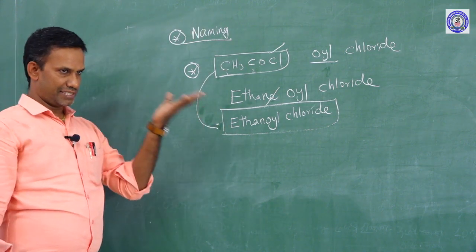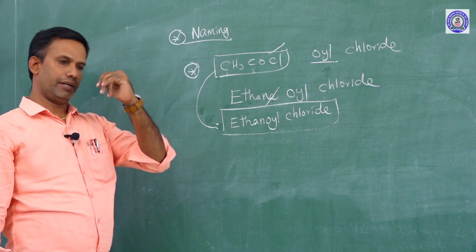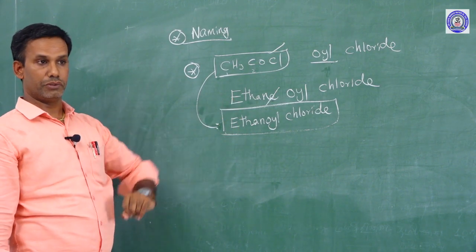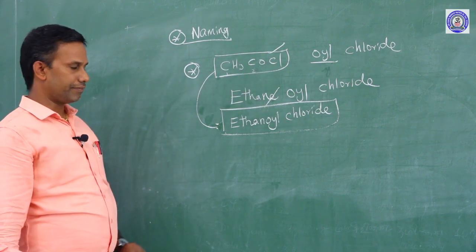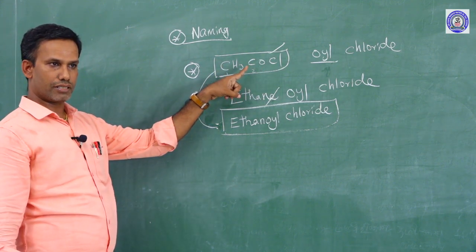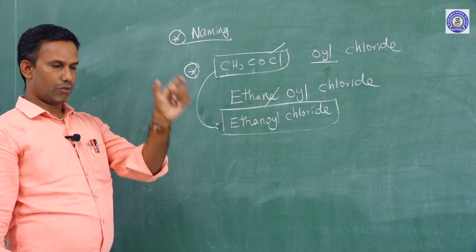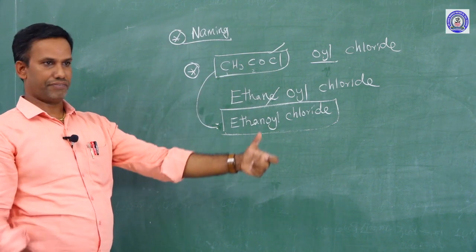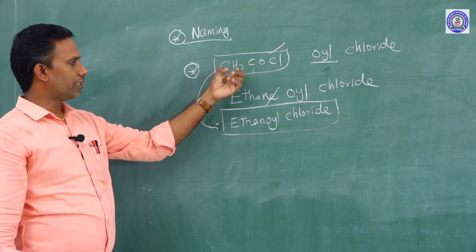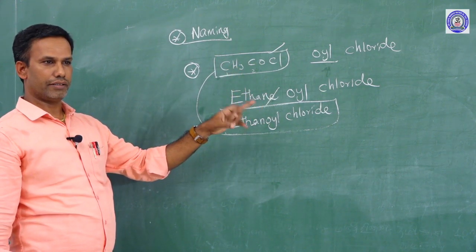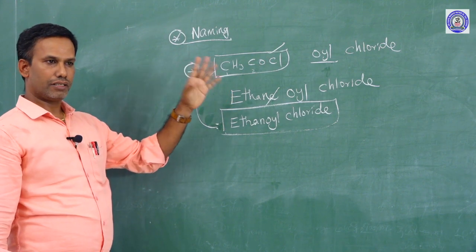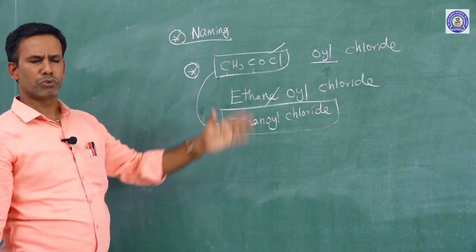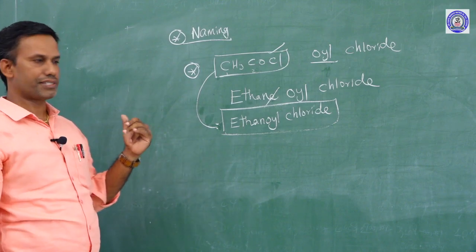Again, listen to me properly, then you can easily practice. There is a table in your book; you can follow the table. First count the number of carbons. That is the root word. Always, the formula is root word, prefix, suffix. The root word is in Greek: meth, eth, prop, but, pent, hex, up to dec. Likewise 1, 2, 3, it is nothing but the number of carbons.